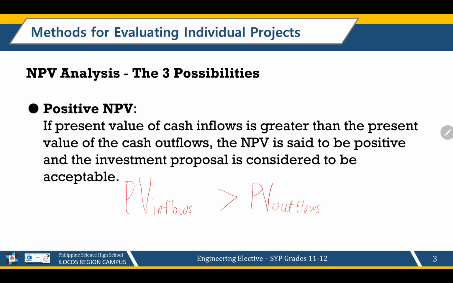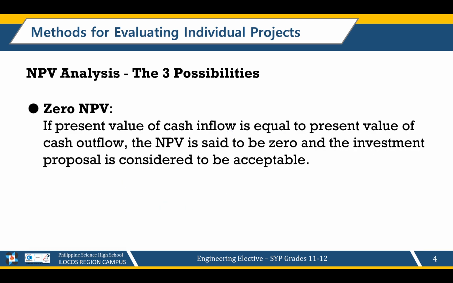Okay? If NPV is positive, then we can conclude that our proposal is considered acceptable. The second case is if we compute a 0 NPV. This means that the PV of inflow is just equal to the PV of our outflows.